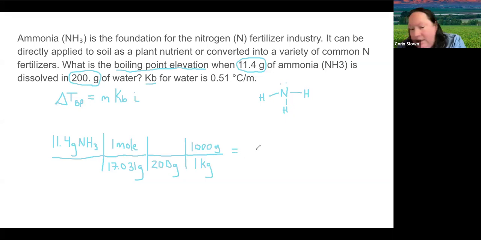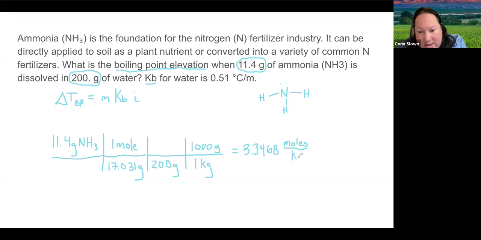So when we do that calculation, we're going to get 3.3468, and that's going to be moles per kilogram.